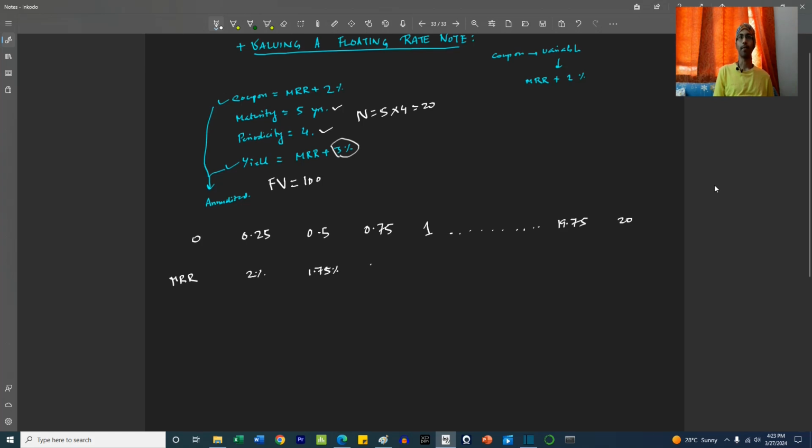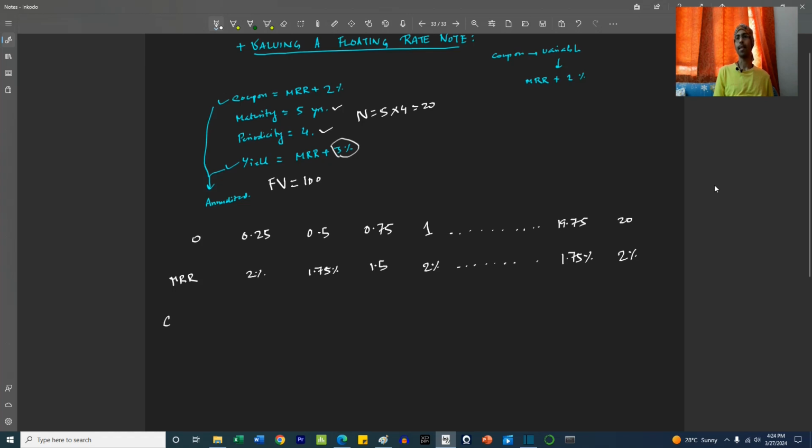At 0.75 it is 1.5%. Then at 1 it is again 2%, like this, right? At 19.75, let's say it is 1.75%, and at 20 it is again 2%.